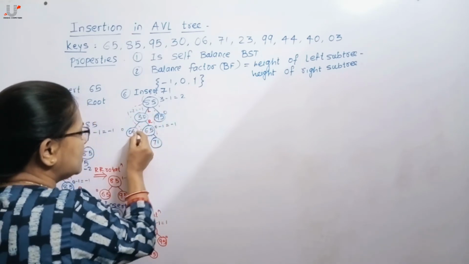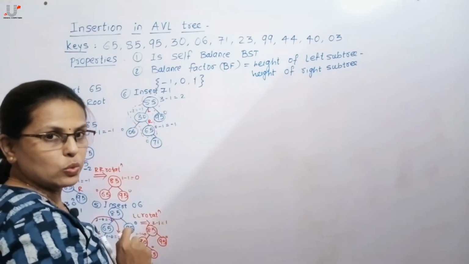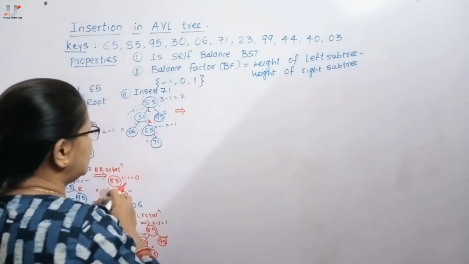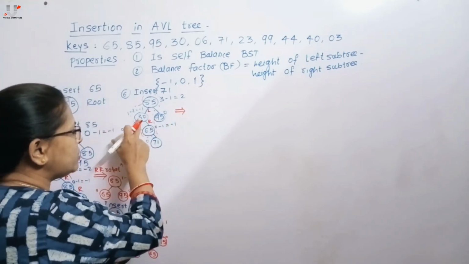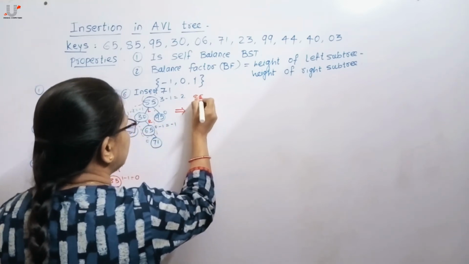In that case, 30 pulls down and 65 becomes the new root. So after applying one left rotation between 30 and 65, the tree looks like 85.